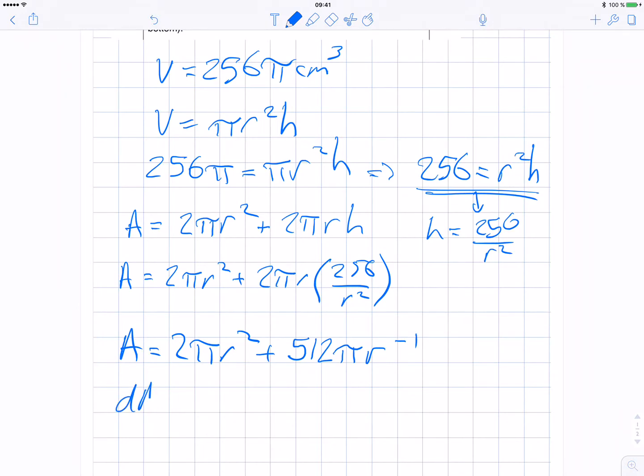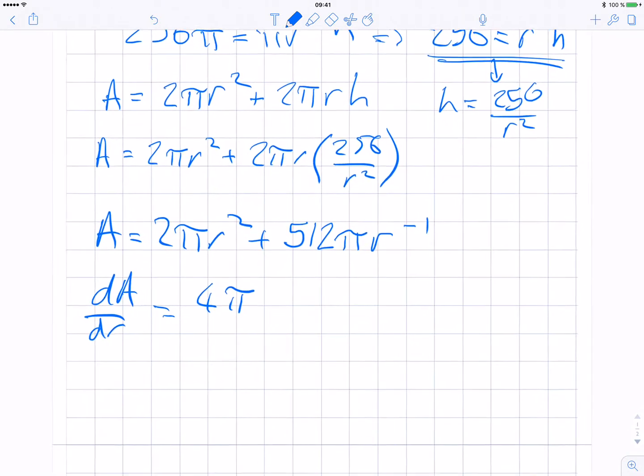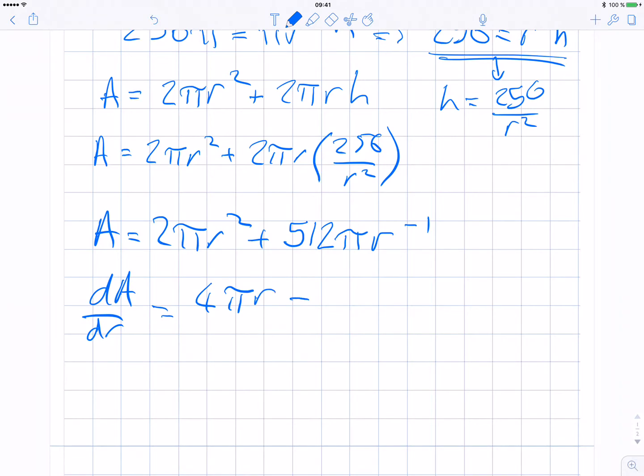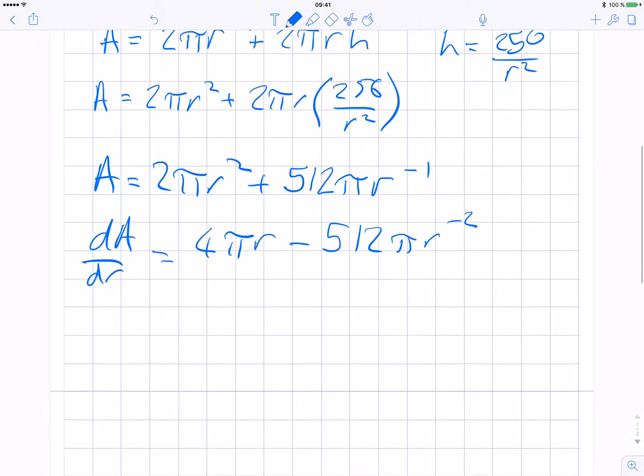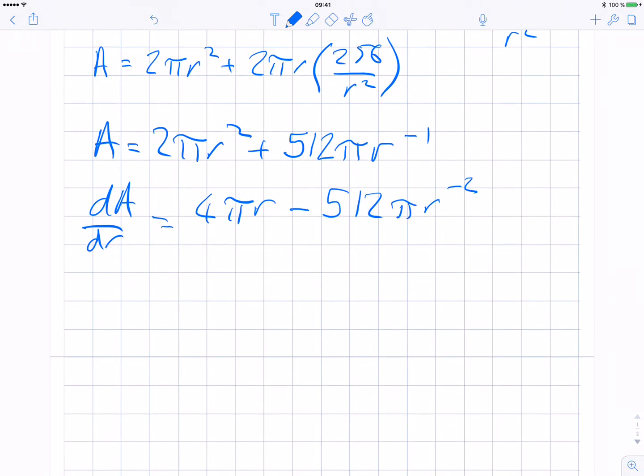Now I'm going to differentiate A with respect to r, so I get 4 pi r minus 512 pi r to the minus 2, and we want to make that equal to 0.